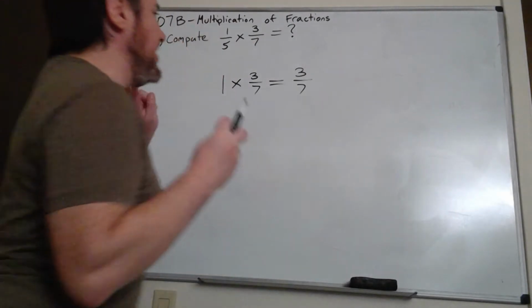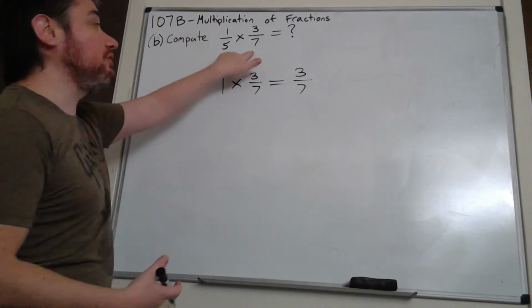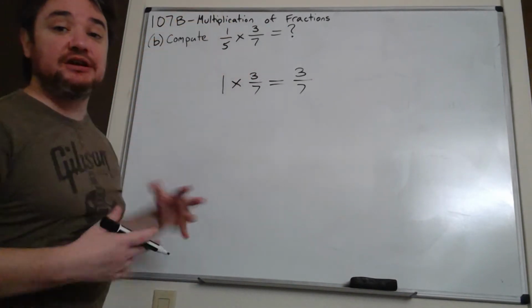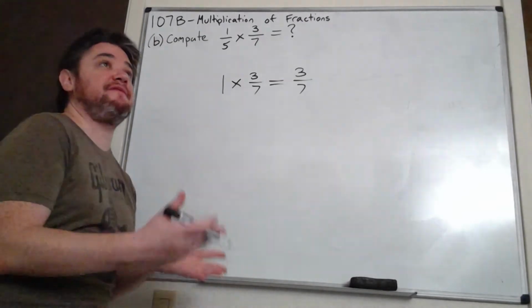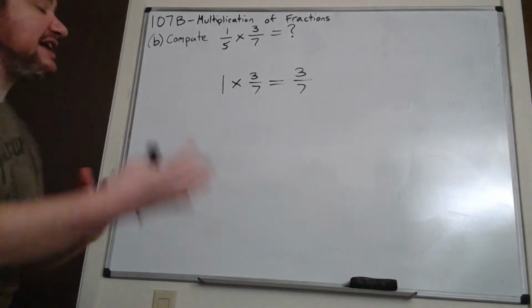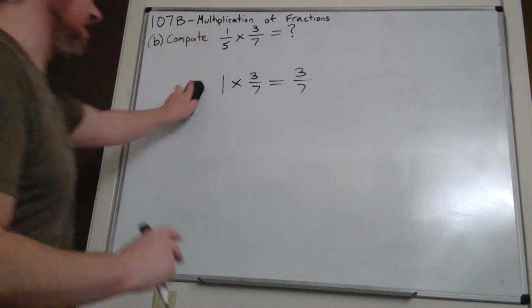Because we don't know that. The definition doesn't tell us how to multiply fractions, right? So we don't know any kind of algorithm about combining the tops or combining the bottoms. None of that is in our definition of a fraction, so we can't use that. And that was not covered in 107A. So we're going to develop that together. We're getting there, but in the moment, we don't have that.